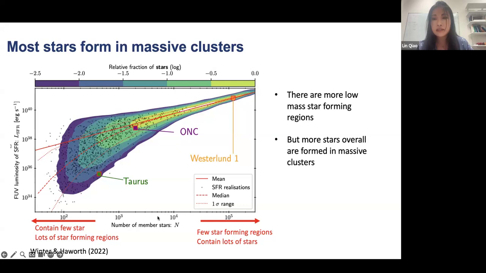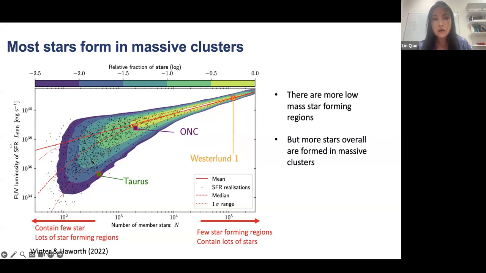On the horizontal axis is the number of stars in a cluster, and the vertical axis represents the FUV luminosity of the star-forming regions. And the color scale indicates the fraction of stars that form in different star-forming regions.